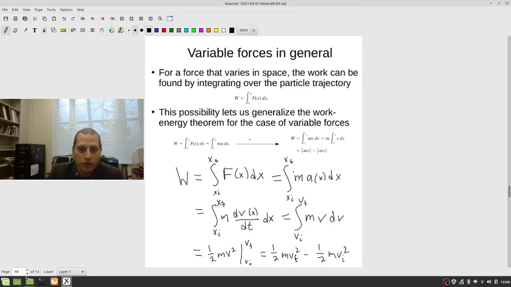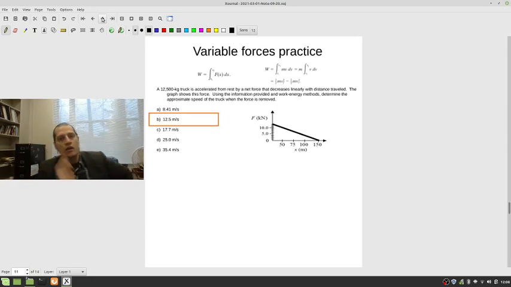Okay, so what have we done? We showed that this work energy theorem is valid even if the force is a function of x. So it doesn't need to be a constant force for this trick to work. So this can be super useful.